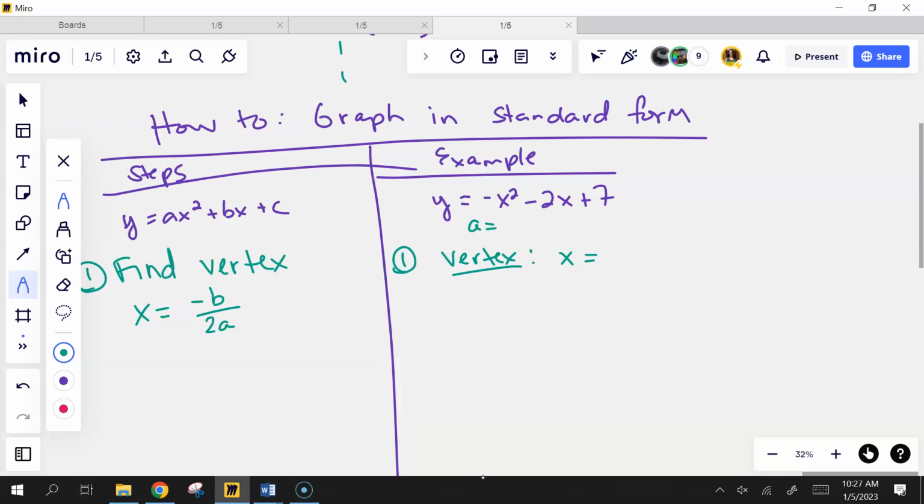What is A in this equation? What is B? What is C? So if I need opposite B, what goes in the top? Opposite B. You're jumping ahead. 2 over 2 times, what is A? Negative 1. Are y'all following me?